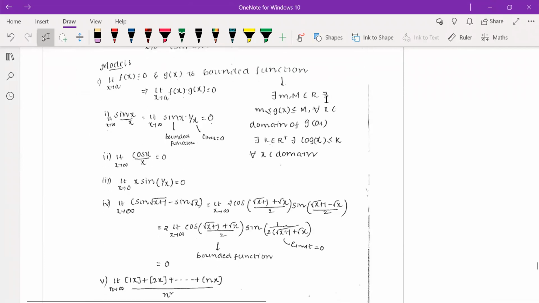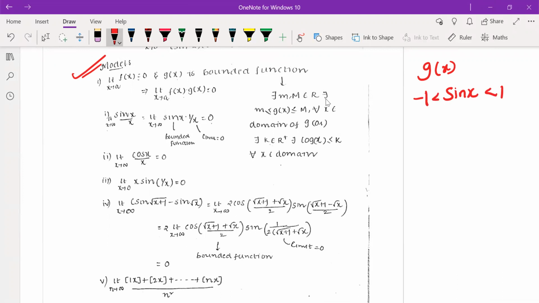Next, limit x tends to, yeah, this one. When f of g of x is a bounded function, let me tell you the definition of a bounded function. If the value of the function lies between two fixed values. Consider sin x is a bounded function because its values always lie between -1 and +1.